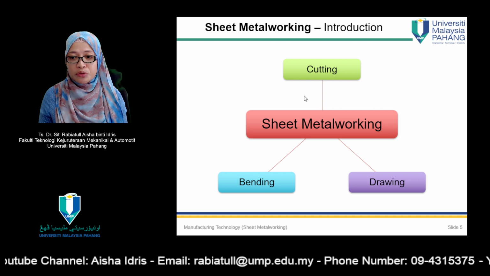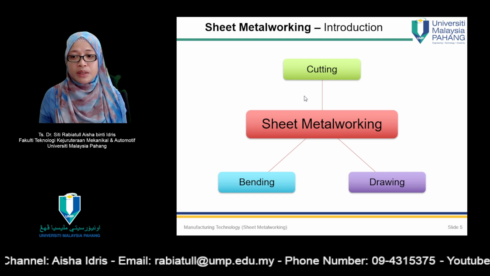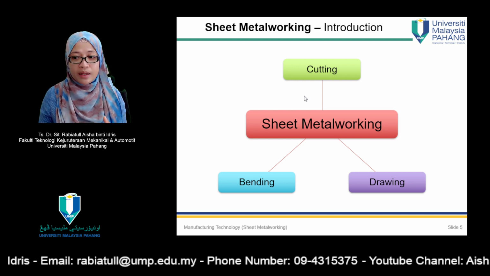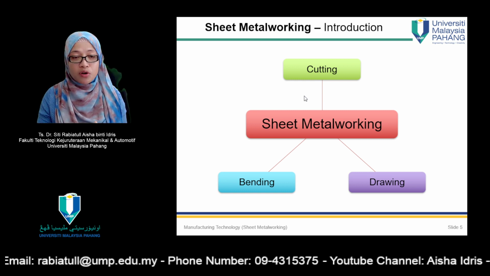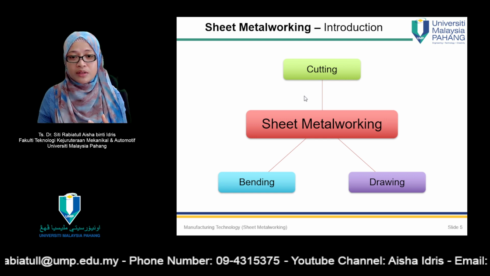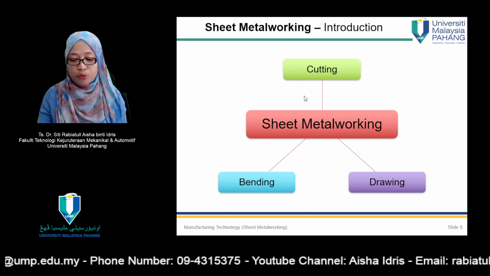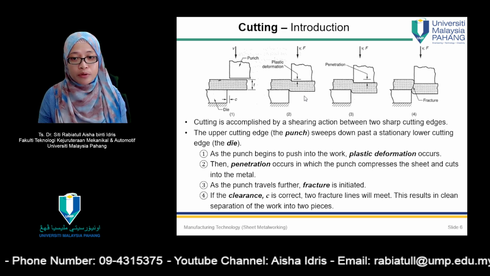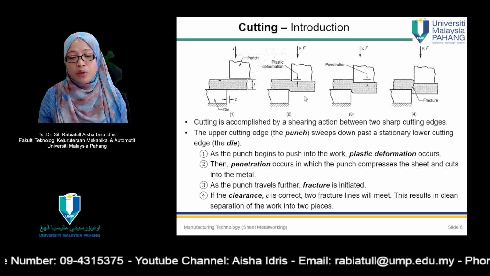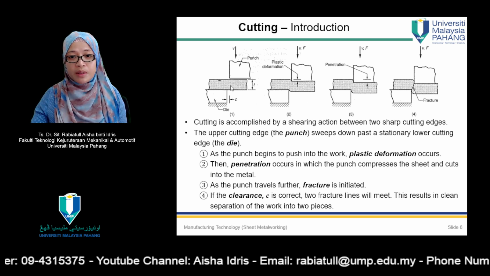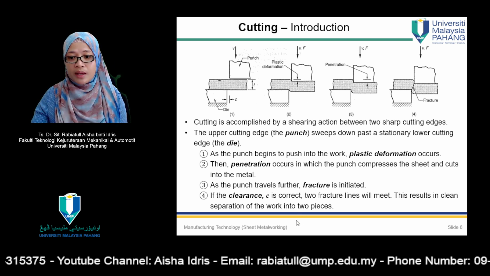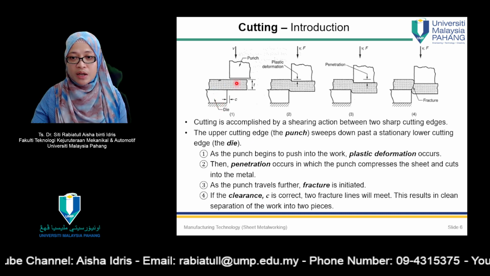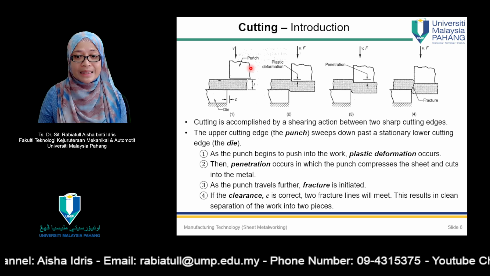For today, we're going to look at three main sheet metal working operations, which are cutting, bending, and drawing. After that, we're going to look at the defects as well as other types of sheet metal working operations. Cutting is a normal process whereby you have a sheet metal, the die, and the punch. The punch is the cutter.